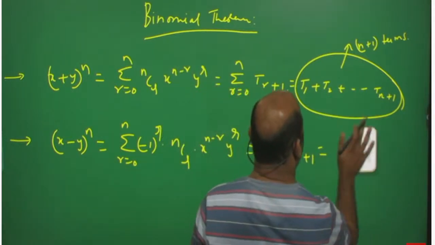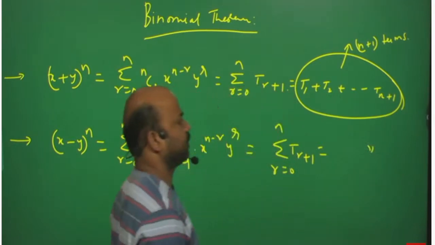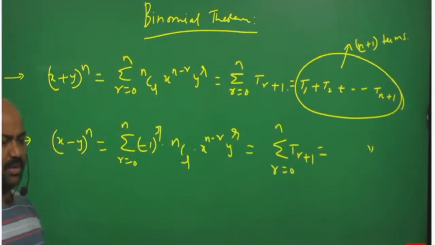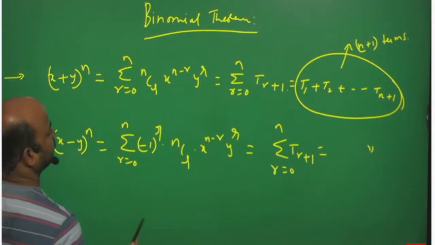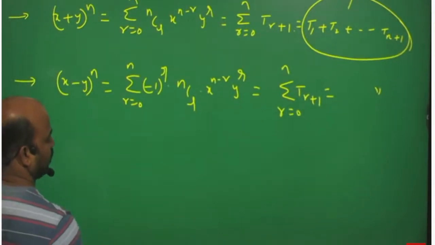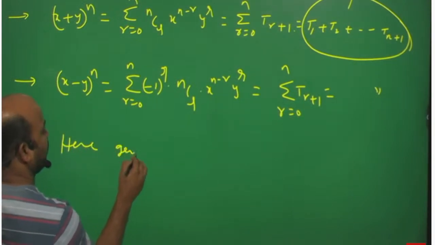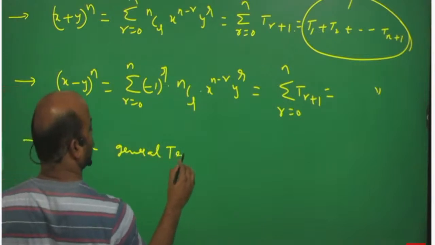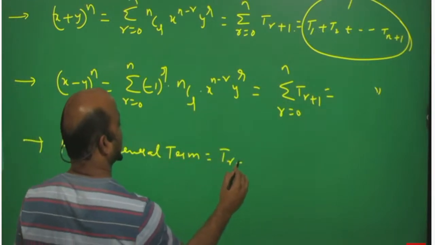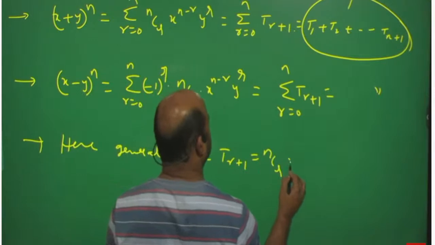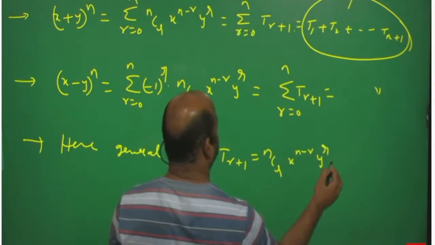You can write the same thing. So how many terms will be there? n + 1 terms. So what is the general term in this? Here, the general term is T(r+1)th term called as nCr x^(n-r) y^r.